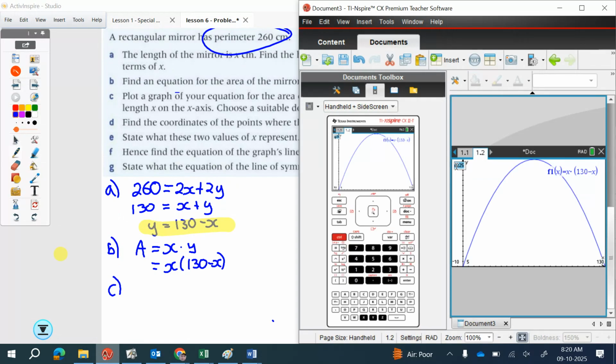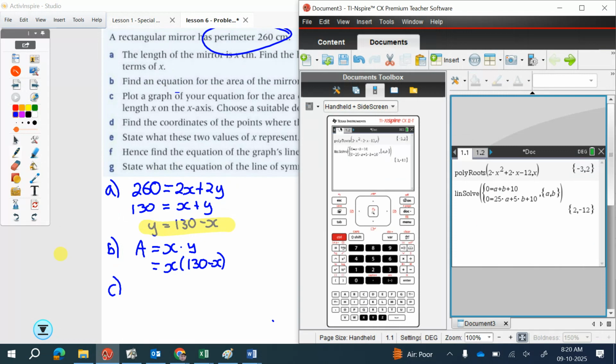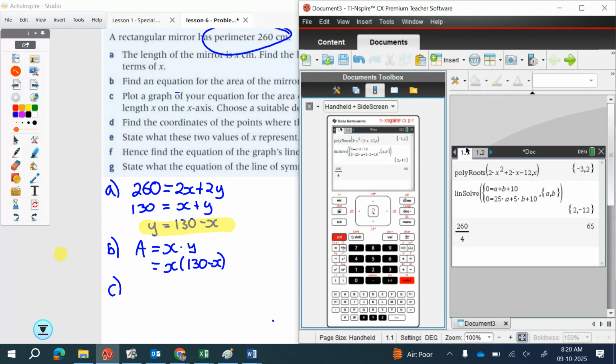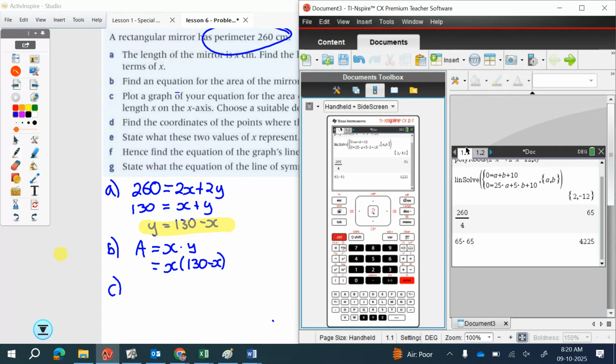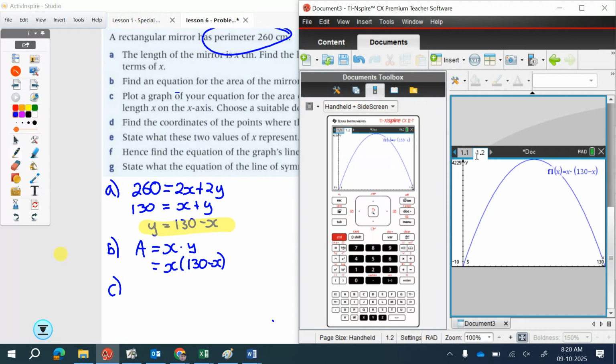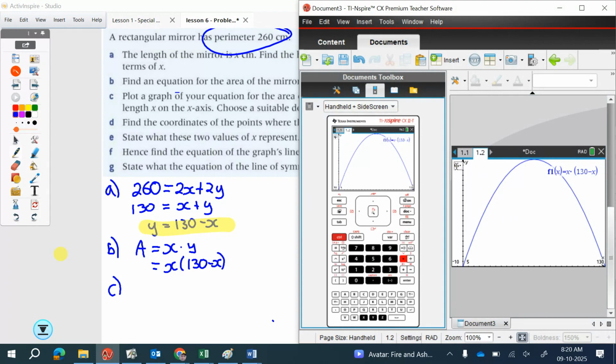It's going to be at its biggest when it's a square, that would be 260 divided by 4, because there's 4 sides to share that out. So I get the 65. 65 times 65 is 4225, which I thought would be the height of the graph. When I typed it in here, I didn't even do the calculation. I figured out it was going to be 65 times 65, and the calculator will take it like that.